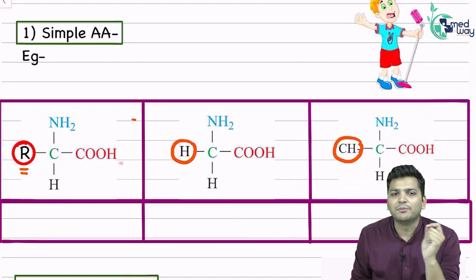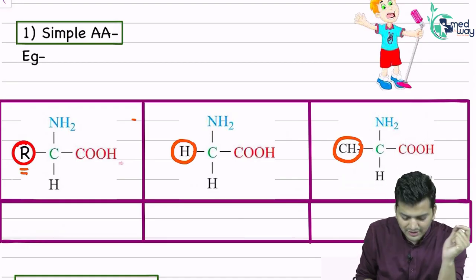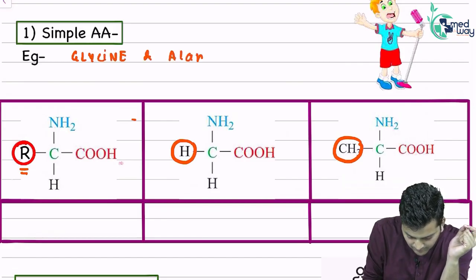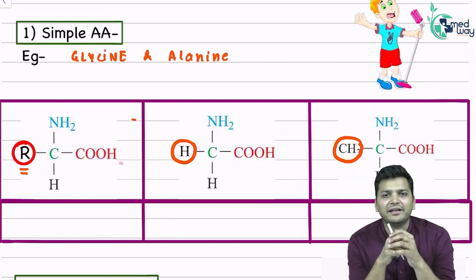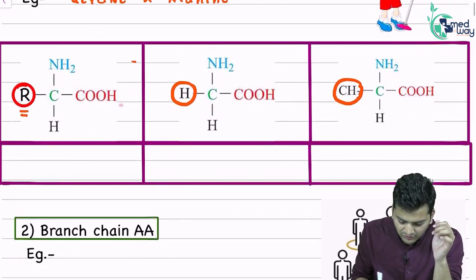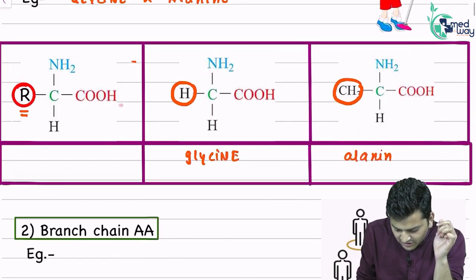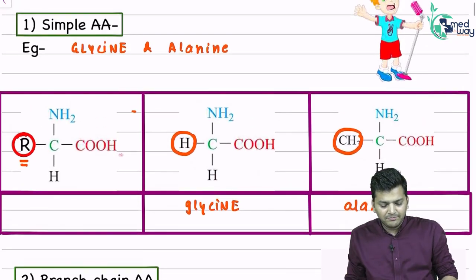These are called simple amino acids. And the examples of the simple amino acid are glycine and alanine. This is the structure of glycine. Although no one is going to ask you these structures, that is just for the understanding purpose. And this is the structure of alanine, glycine and alanine.